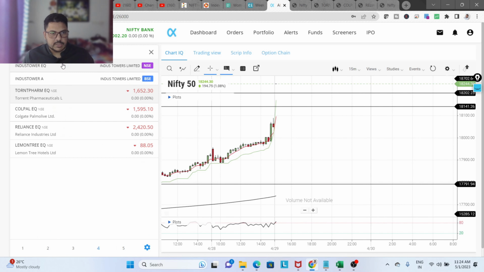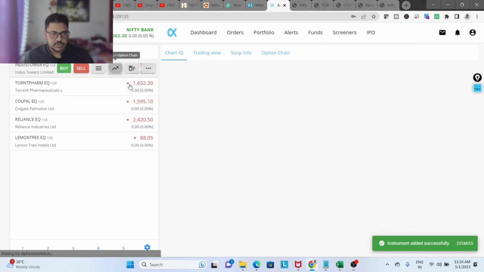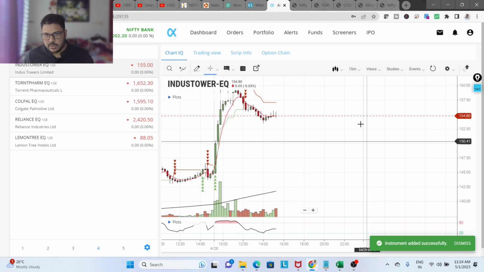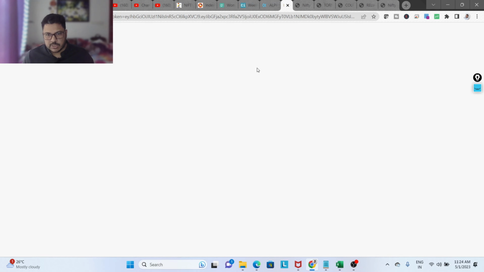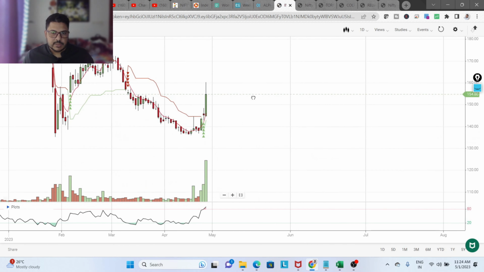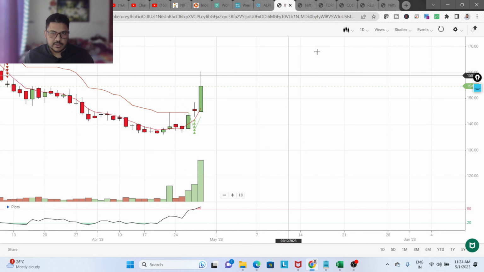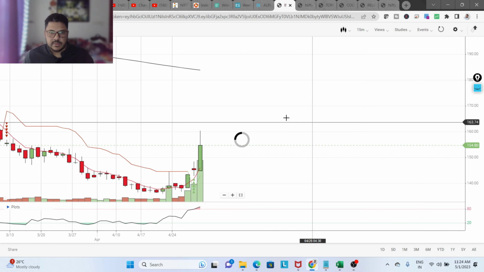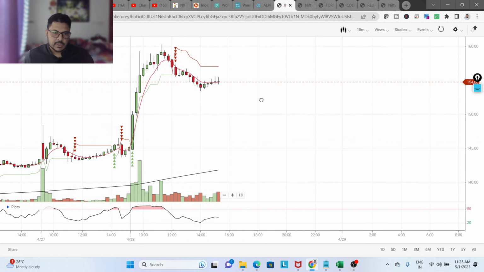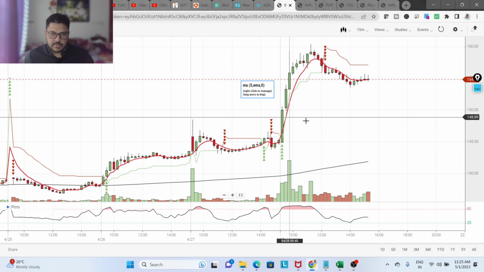You can scan these stocks a day before the market opens. So we are getting Indus Towers as our stock. You can put this in the watch list, and you can see that the Supertrend condition is satisfied here. Next, you go to the 15 minutes time frame.